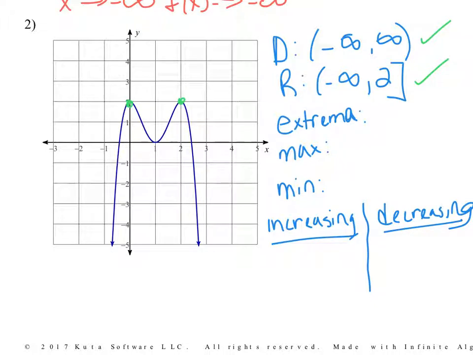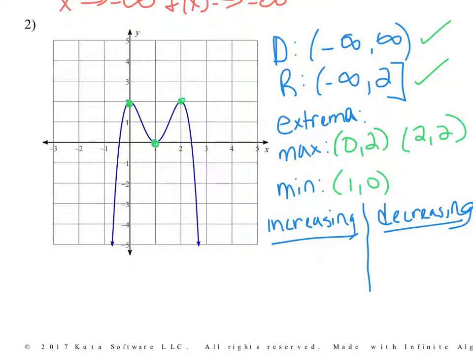Technically those are maxes for the whole problem, and they're also considered extrema. So it's (0, 2) for one, and (2, 2) for the other. The other value is a min, so at that point in a valley, it's neither increasing nor decreasing, so that's (1, 0).